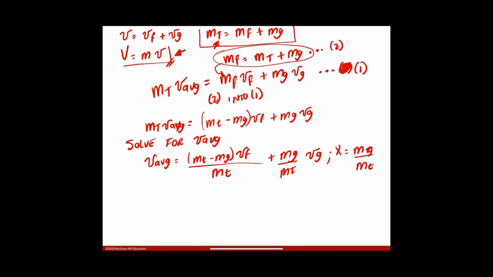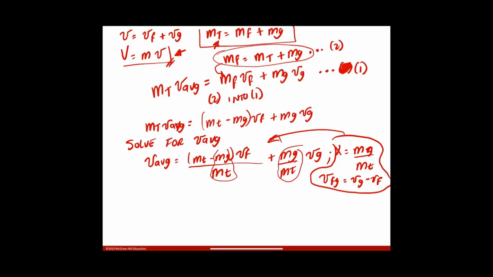Okay, what else do I know from the past? Somebody told me that Vfg is equal to Vg minus Vf. And I'm going to use these two in order to simplify my equation a little more. Okay, MT, MG, and I have MG, MT. How do I simplify this?